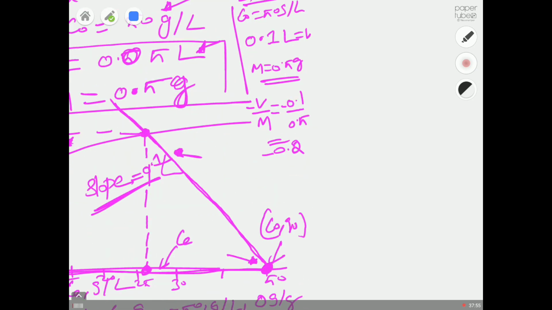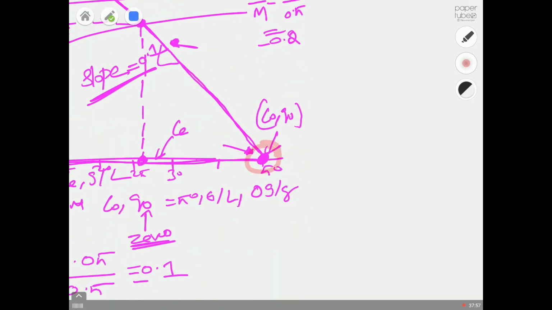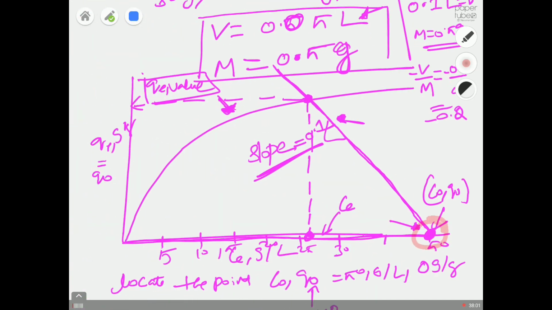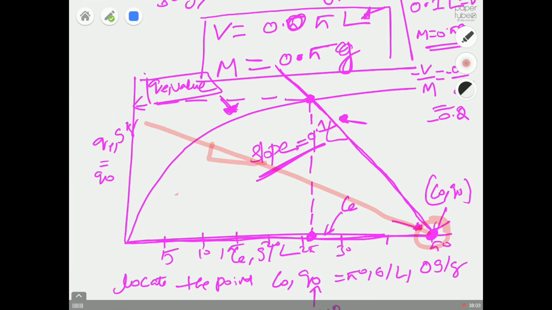Locate this point C0 comma Q0 and then draw a line whose slope should be equal to minus V by M, which is equal to minus 0.2, and the point where this line intersects your equilibrium curve should give you your equilibrium concentration CE, and the corresponding y value should give QE, expressed in grams per gram. So that's the graphical method.